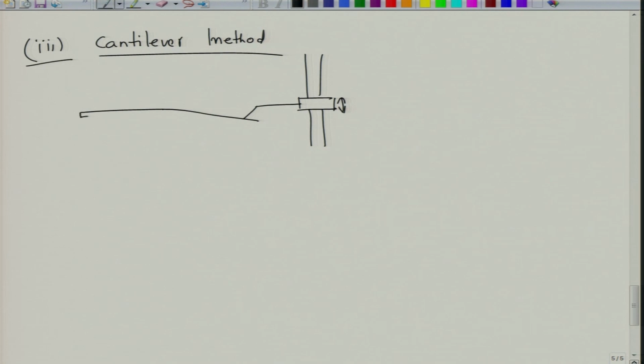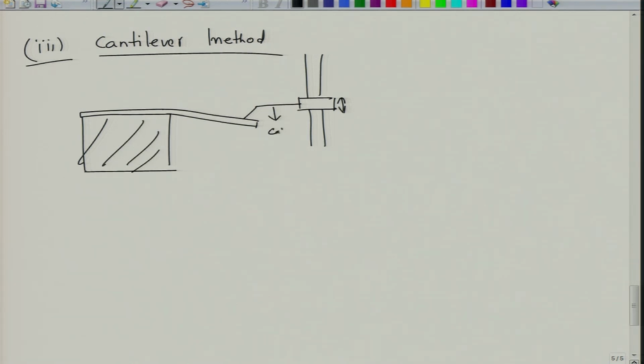This is the cantilever, and this is the beam on which your sample is coated. This is connected to a load and to an oscilloscope. By moving this cantilever up and down, you measure the displacement.